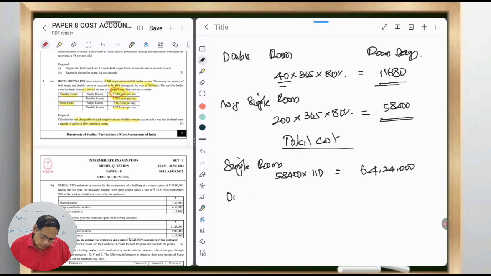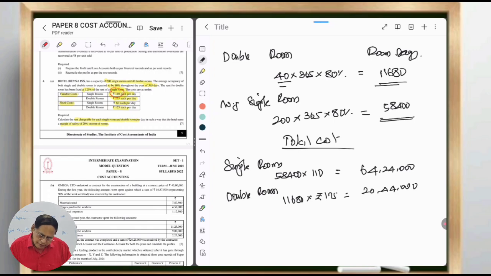And then double room, 11,680 rooms, and then 175 rupees variable cost. So 11,680 into 175, that is 20 lakhs 44,000.